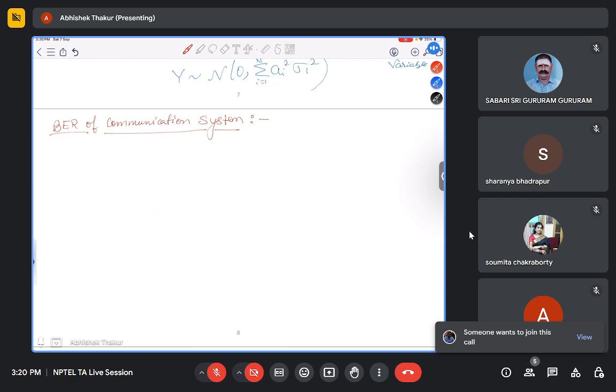Now we will see the bit error rate performance of the communication system in additive white Gaussian noise. First we will take the bit error rate of the BPSK system.